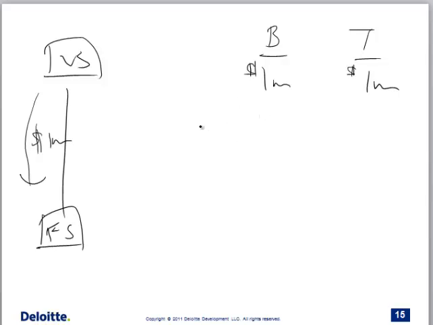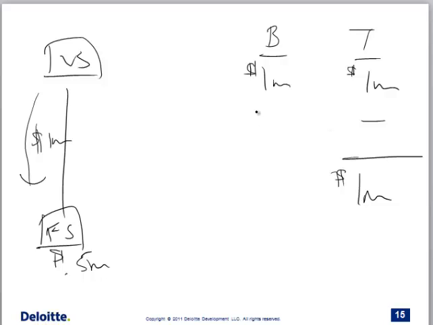For book purposes, when you make $500,000 of profit, okay, you have $500,000 of profit. For tax, nothing happens. The fact that you made profit in your foreign sub of $500,000 has no impact on your tax basis in the shares. Okay, it's just not relevant. So your tax basis in this thing is still $1 million.